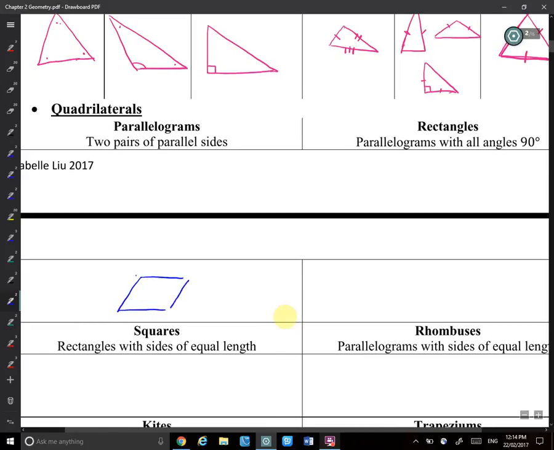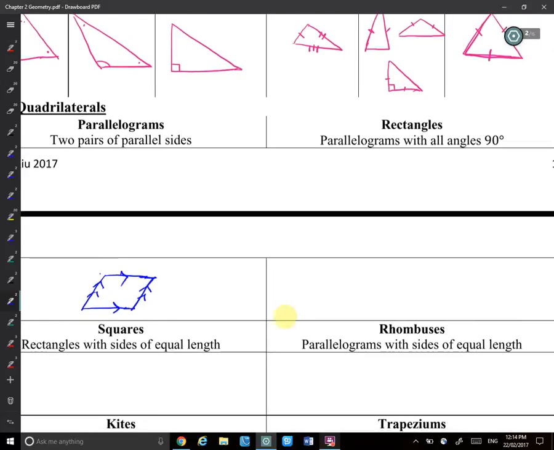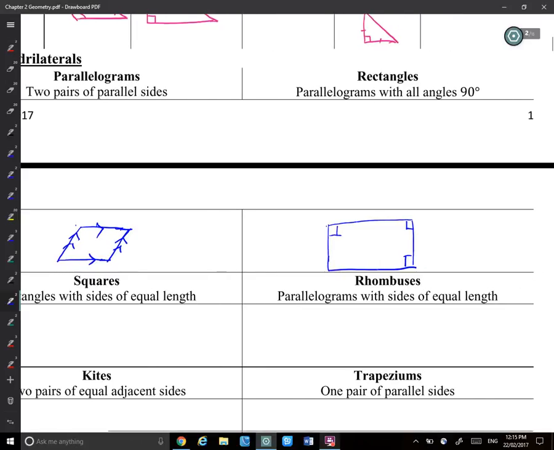We have a shape where this one is parallel to this one, and this one is parallel to this one. 2 pairs of parallel lines, which is a parallelogram. A rectangle is a parallelogram because it satisfies that we have 2 pairs of parallel lines.